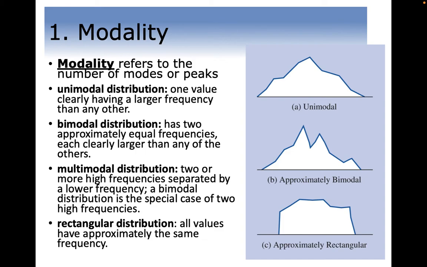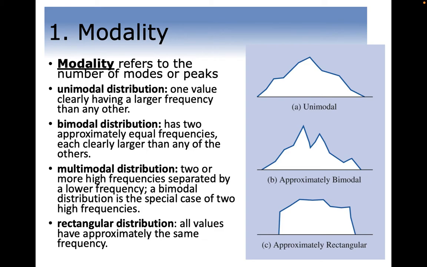This is known as a unimodal distribution, where there's one value that clearly has a larger frequency than any other. If a distribution has two fairly equal high points, it's called a bimodal distribution. Any distribution that has two or more high points separated by a lower frequency is called a multimodal distribution.